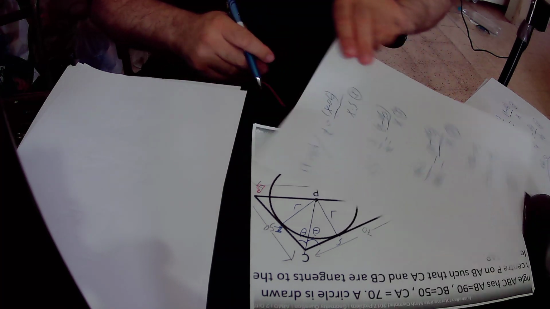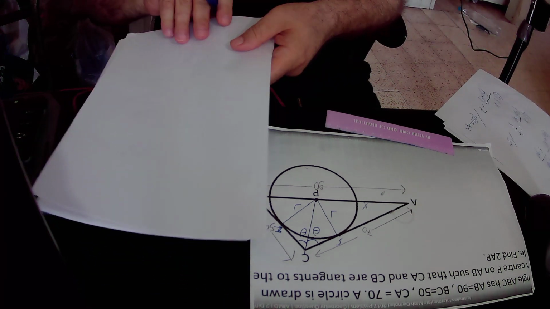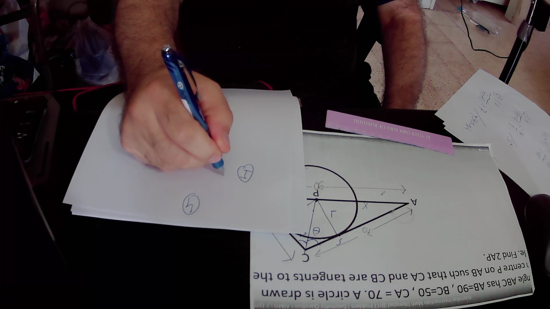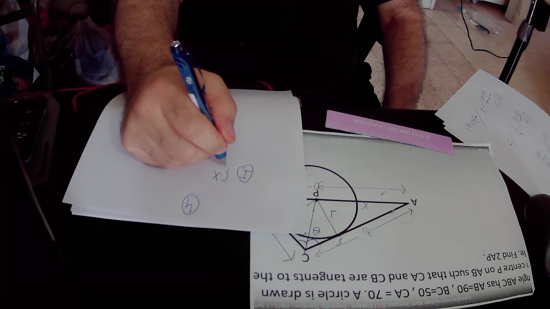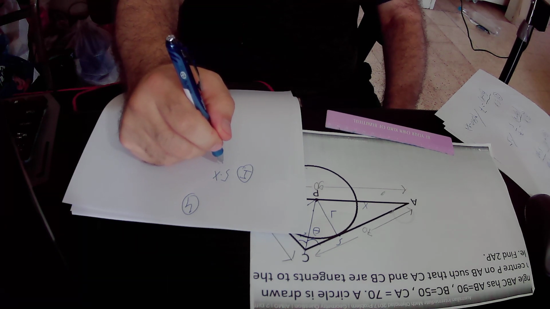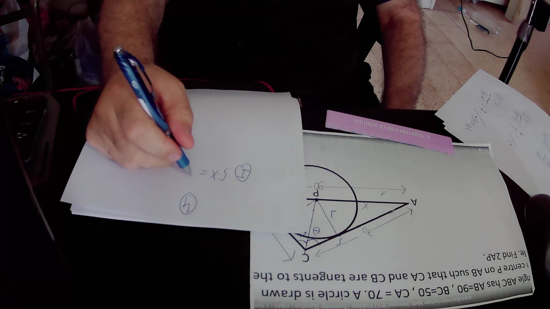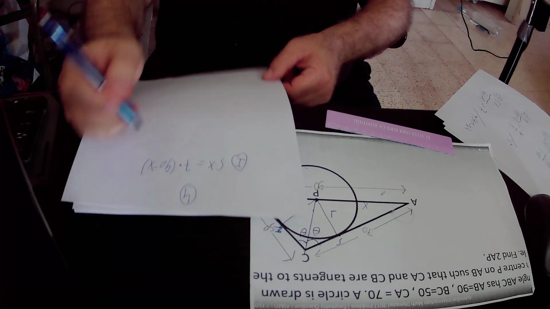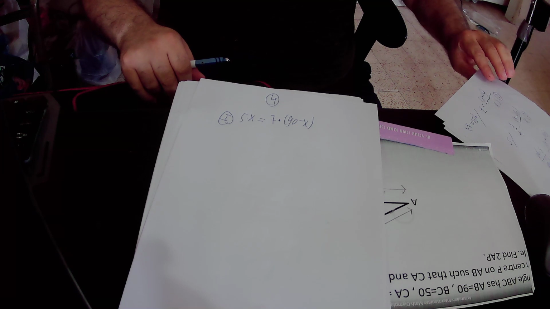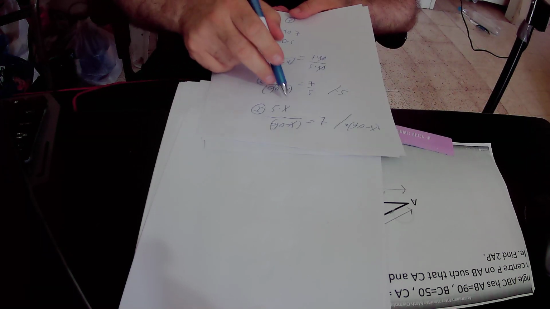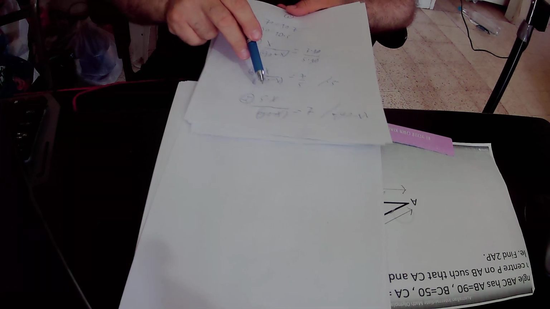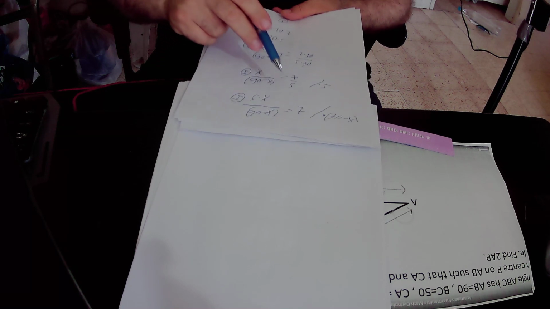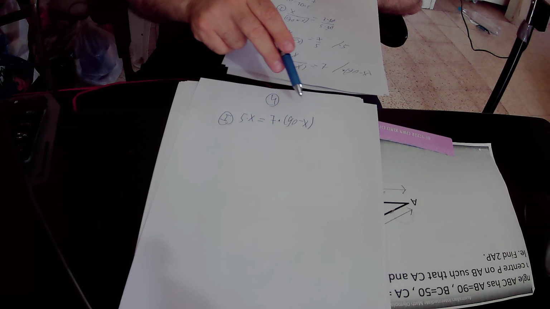So after we multiply both sides of the equation by 90 minus x, we will get that 5x divided by 90 minus x times 90 minus x equals 5x, and 7 times 90 minus x equals 7 times (90 minus x).